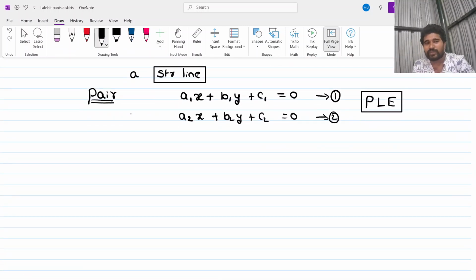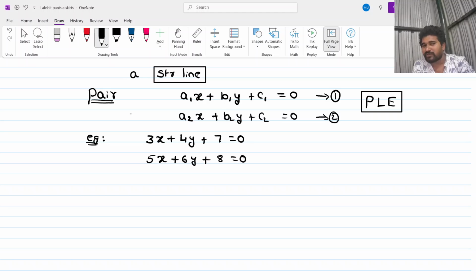Example, 3x plus 4y plus 7 equal to 0. Can you tell me one more? Any numbers? 5x plus 6y plus 8 equal to 0. Understood, right? This is the general representation of the pair of linear equations.